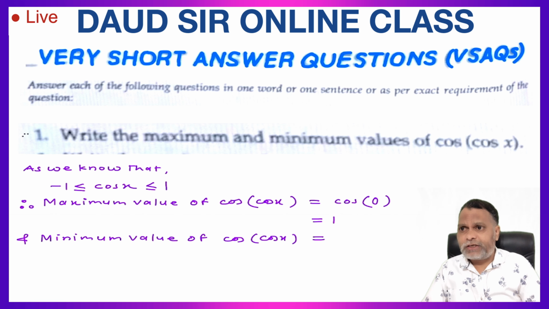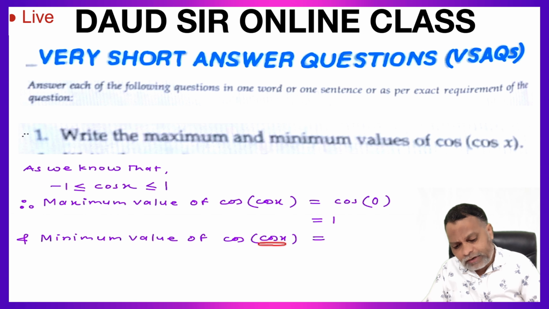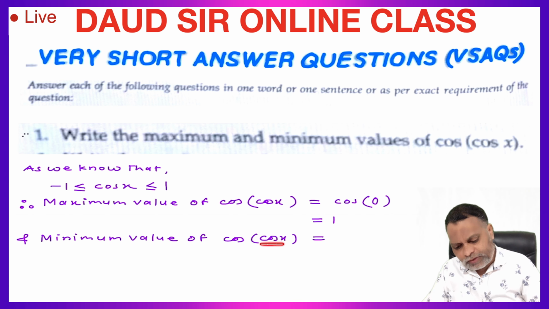Cosine function is a decreasing function. As we increase the value of theta or angle, the value of the cosine function is decreasing. So this input should be cos pi. At 180 degree, the value of cos x is -1. So this input should be cos of pi.